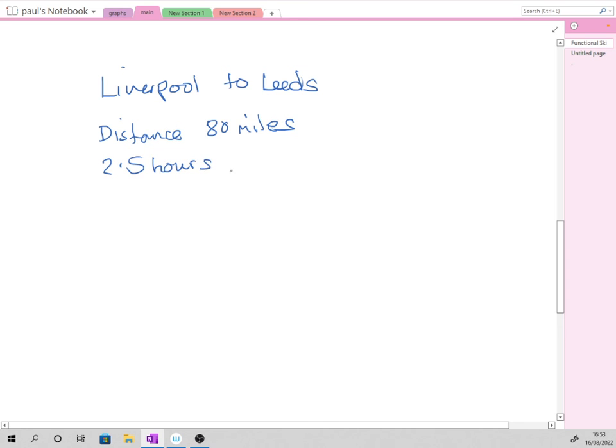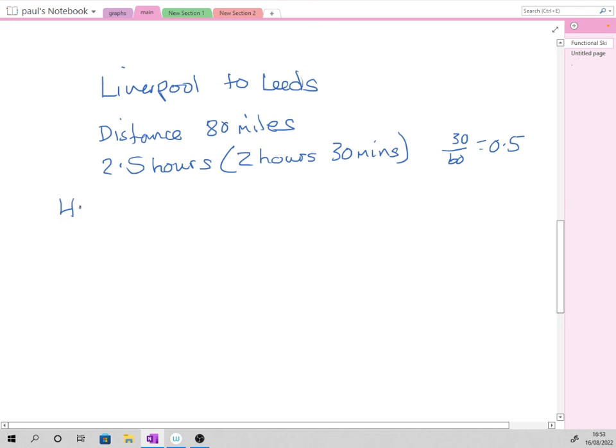All lovely decimals, which would be 2 hours and 30 minutes. But we need to convert that 30 minutes into 0.5 of an hour. So 30 divided by 60 would give us the 0.5, half an hour.